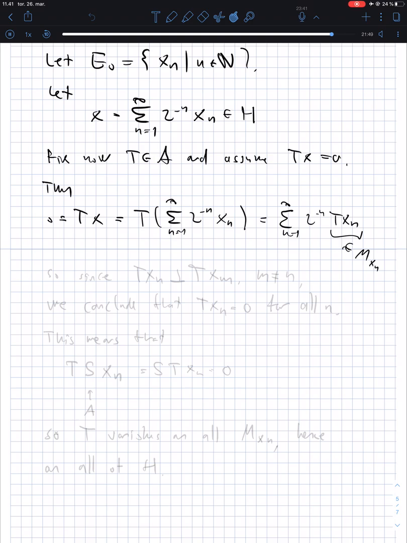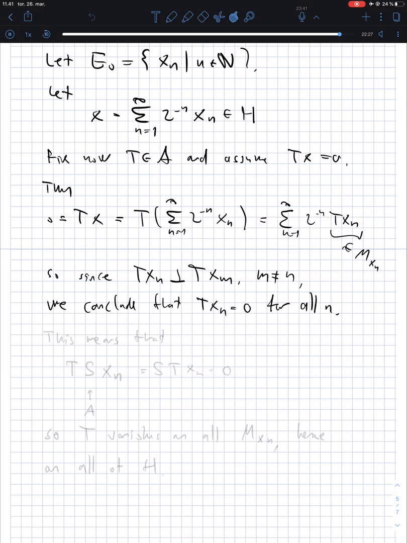And we know that these M x_n's are mutually orthogonal subspaces. So that means that the T x_n's have to be mutually orthogonal. So since I know that T x_n is orthogonal to T x_m for m not equal to n, we conclude that actually T x_n equals 0 for all n.